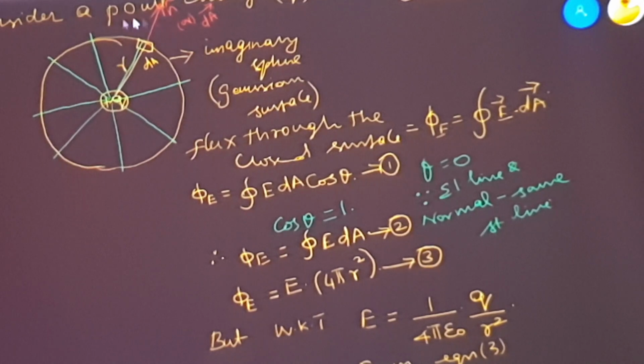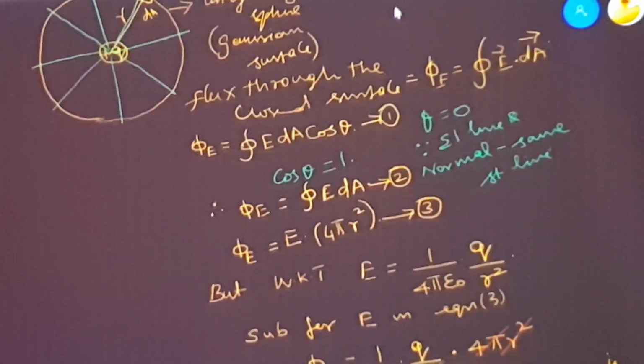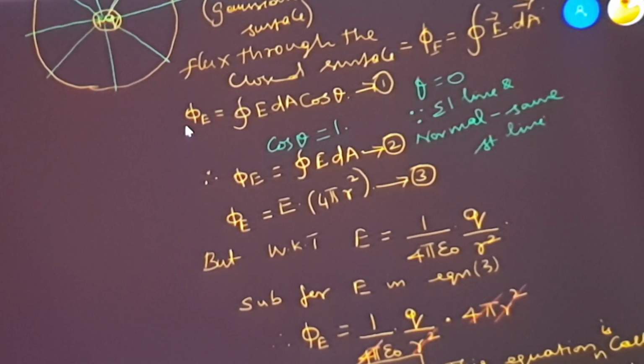Now, the flux through the closed surface, we have already studied. If you have a closed surface, then the flux through the closed surface is given by phi E is equal to the closed integral of E vector dot dA vector. So, I can say phi E is equal to the closed integral of, since I am taking the dot product, E into dA into cos theta. What is this theta?